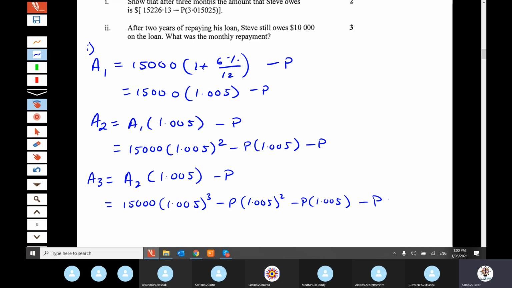Done. Obviously, that isn't what they asked for. You can see it says 15,000 minus P, blah, blah, blah. That's okay. Trust yourself. We don't like it decreasing. We want it to be increasing.